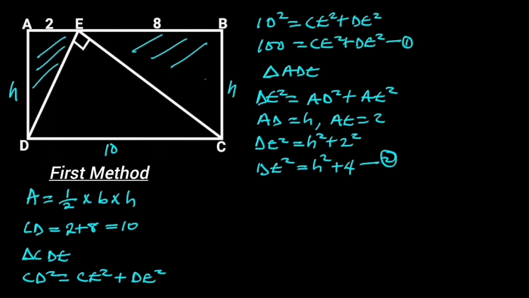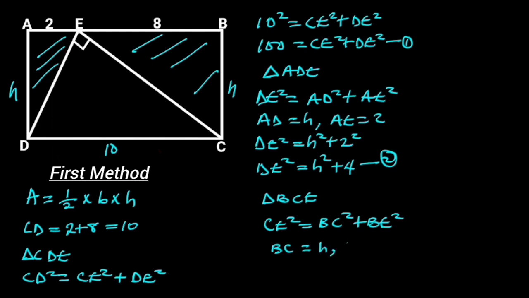Next, let's consider triangle BCE. Triangle BCE is a right triangle. From Pythagoras Theorem, CE squared is equal to BC squared plus BE squared. BC is equal to h. And BE is equal to 8.